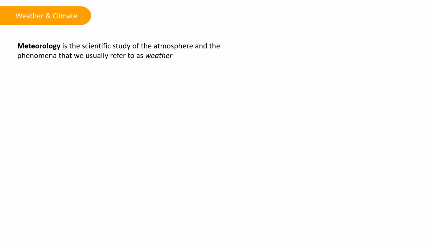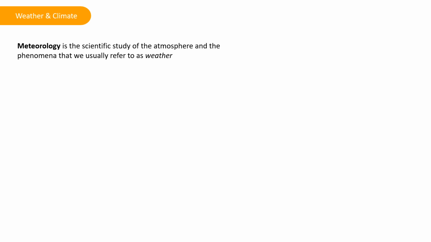And now we come to check the weather and climate definition. Meteorology is basically defined as the scientific study of the atmosphere and the phenomena that we usually refer to as weather.